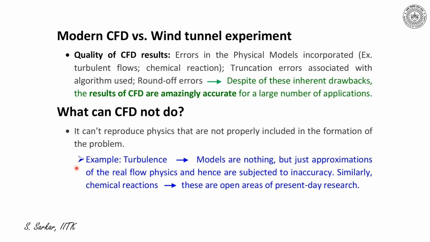Thus, they cannot produce accurate results. There would be some inaccuracy involved. Similarly, for chemical reactions and boundary conditions. So, turbulence and chemical reactions are open areas of present-day research in CFD.